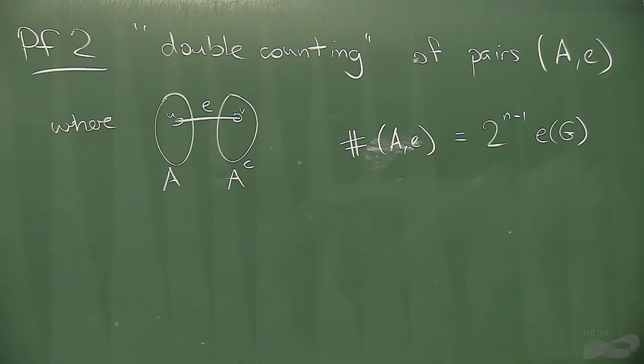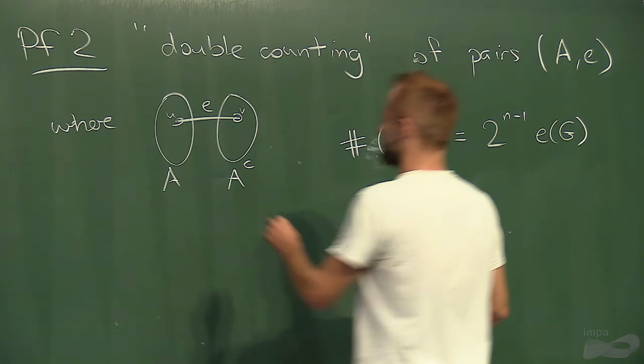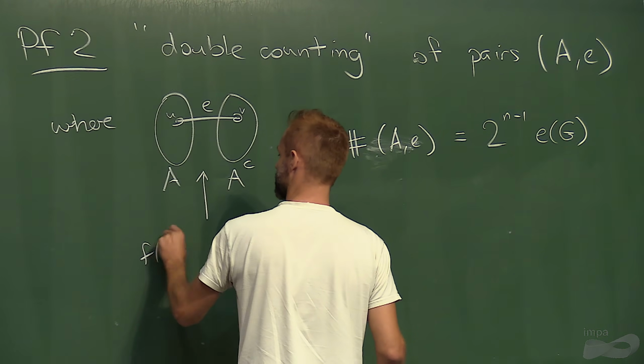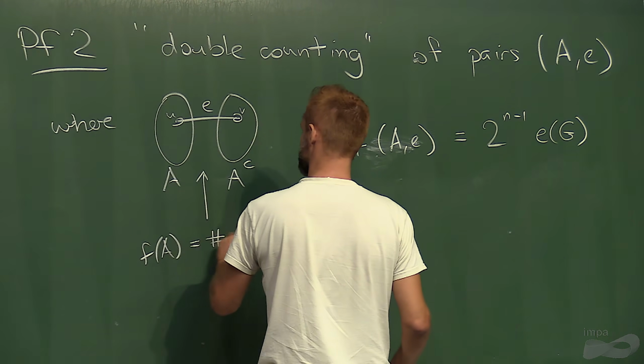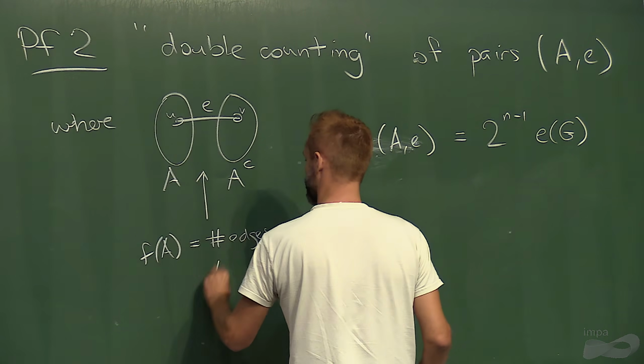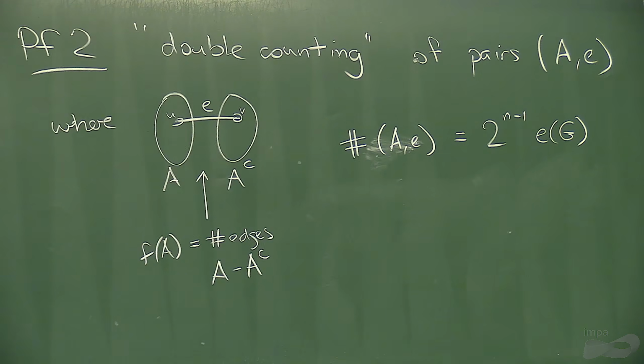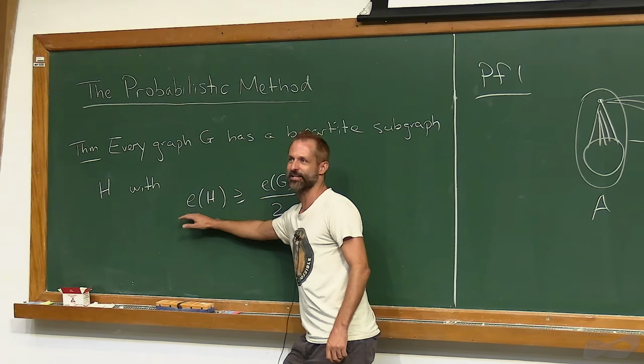Okay, what about counting the set A first? Well, let's call f of A the number of edges between A and A complement. That's exactly the number of edges in this bipartite graph, right?